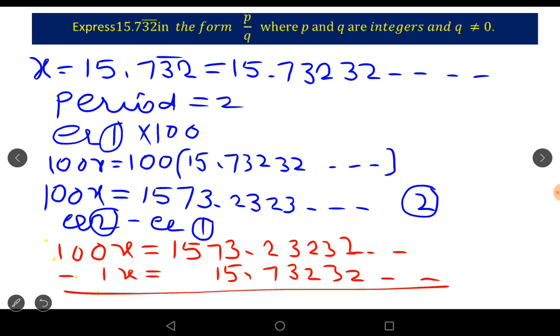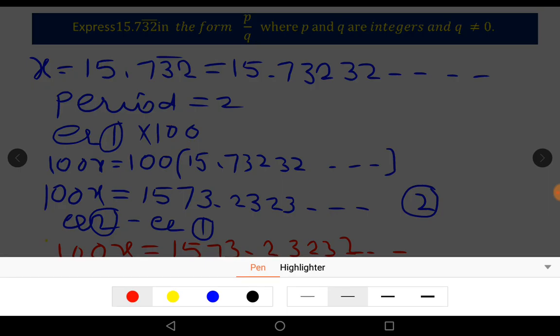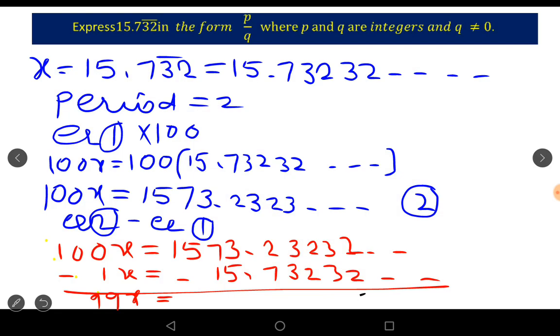Subtraction, minus. Left side 99x. Right side 0, 0, 0, 0. Here 12 minus 7, 5. 6 minus 1, 5, 15. So 1557.5.